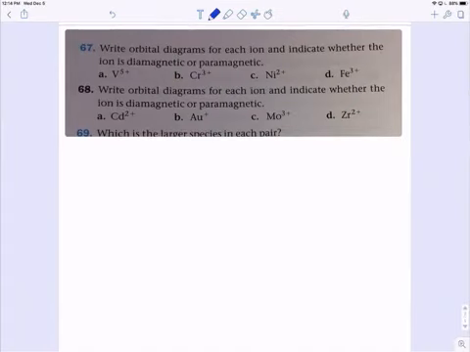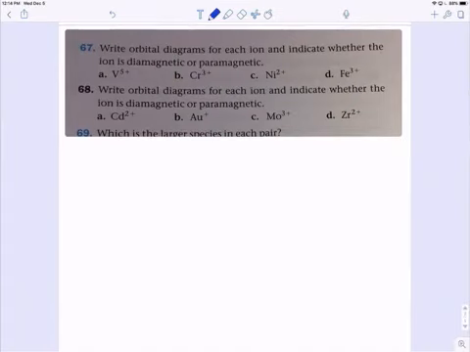And then this is your question here, William, coming up. Write orbital diagrams for each ion and indicate if it's diamagnetic or paramagnetic. So for vanadium plus 5, we have to go to the periodic table. Maybe I should just start off by writing the diagram for vanadium. Vanadium's right here.